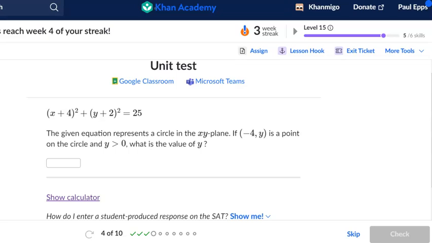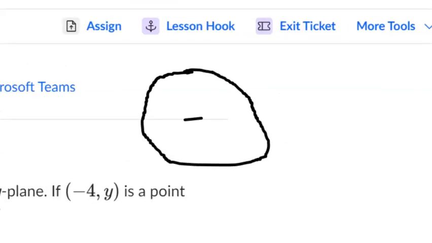Let me try and draw this. We've got a circle. It's not very good. Here's the center. It's not a very good point. Let's zoom in on this a little bit. The center of the circle would be negative 4, negative 2.